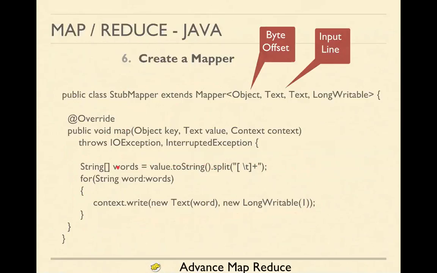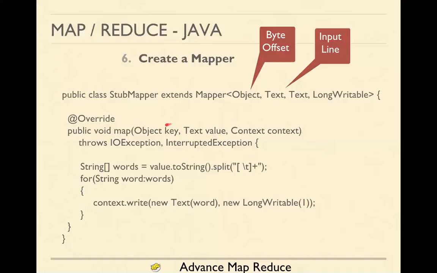Okay, so this piece of code where we are saying words equal to value. So what you see right now is mapper gets automatically key and the value. And when we are running mapper on a text file, when our input is a text file, the value is each line, okay?